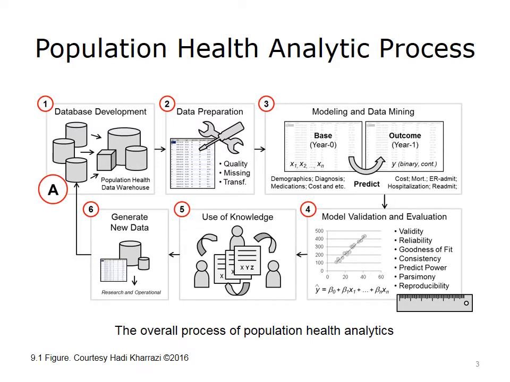The second step, depicted by Box 2, includes various processes to prepare the data for analysis, such as fixing data quality issues, deleting or imputing the missing data, and transforming the data to meet the assumptions of a given analytical approach. For example, if logistic regression will be used to predict a binary outcome, such as hospitalization, the data should follow a normal distribution.